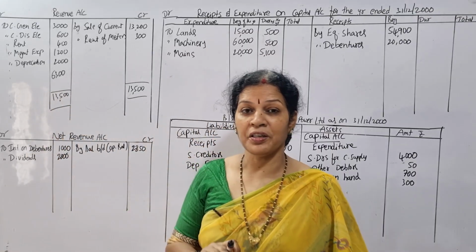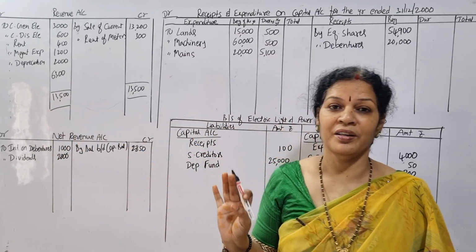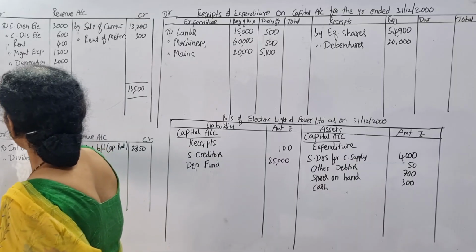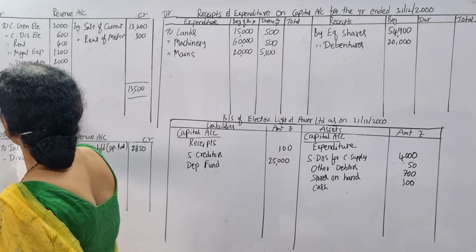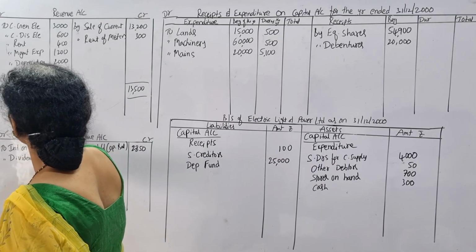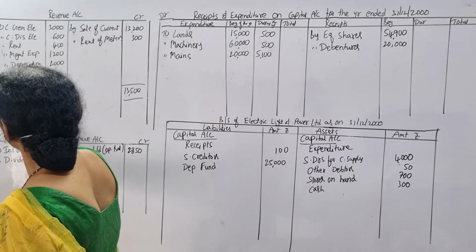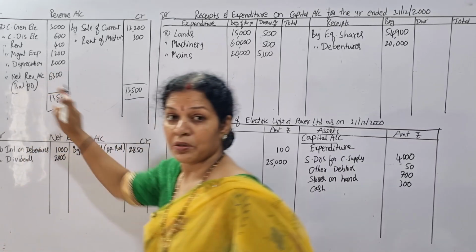What do we do with 6,300? Transferring to the net revenue account. So we'll say here 'to net revenue account', in brackets, balancing figure. Revenue account to net revenue account.